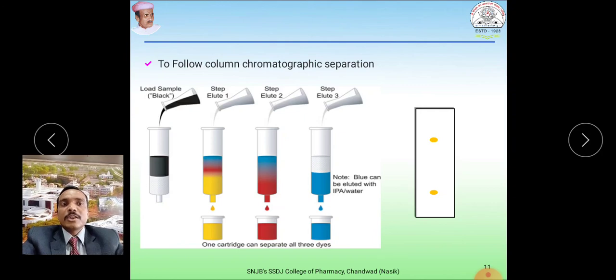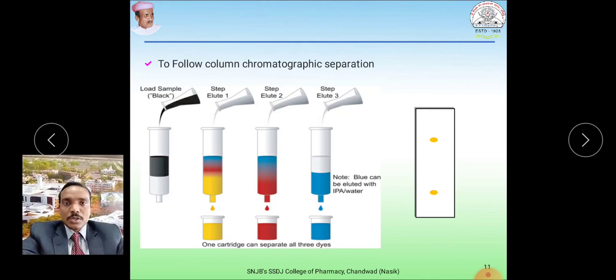If it starts showing two spots after the TLC plate run, that means that solution may contain two components. So likewise we can separate all these solvents into different beakers by monitoring through TLC.